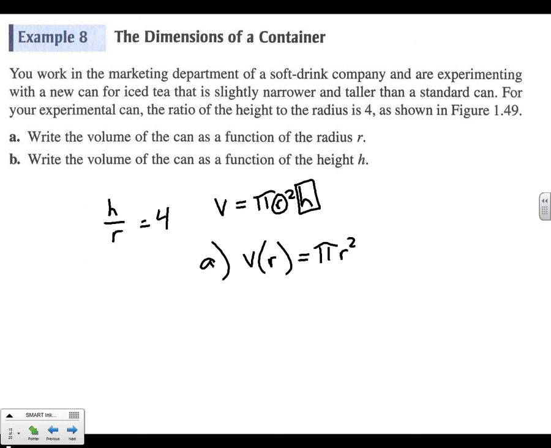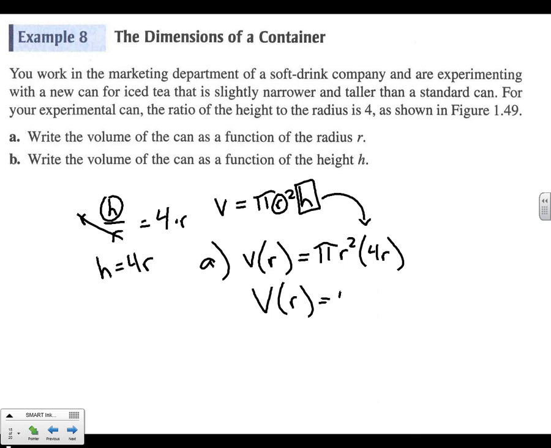So we need to solve for h in terms of r over here. So we're going to multiply both sides by r. So now I know h equals 4r. So now instead of writing h, I'm going to write 4r. And from here I'm just going to simplify. V as a function of r equals 4 pi r cubed, r times r squared.